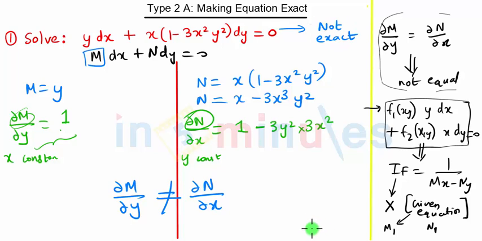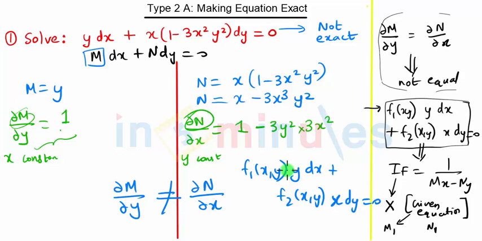So this equation is not exact, but as you can see, this equation is of the form f1(x, y) into y dx plus f2(x, y) into x dy equal to 0. So here we have only y term and dx. We do not have f1(x, y). So in this, f1(x, y) is nothing but equal to 1.